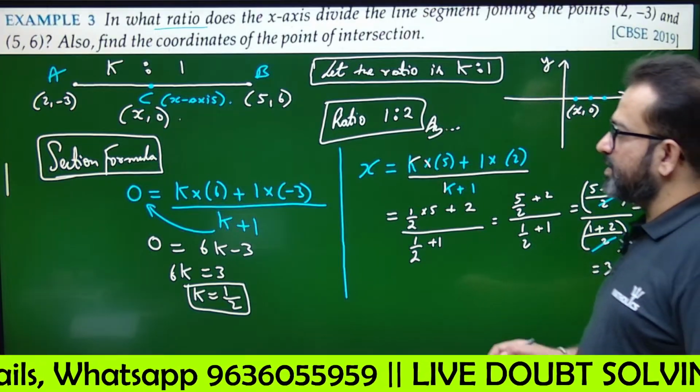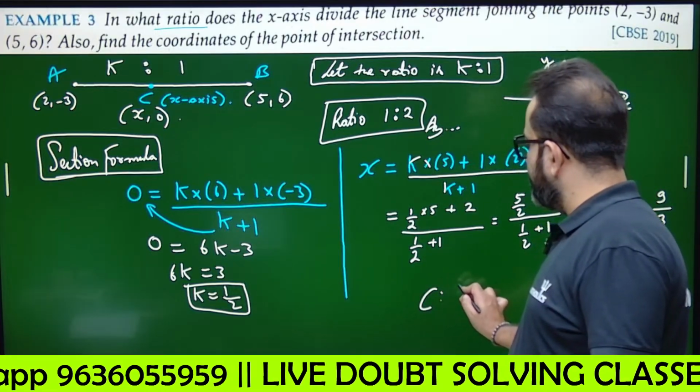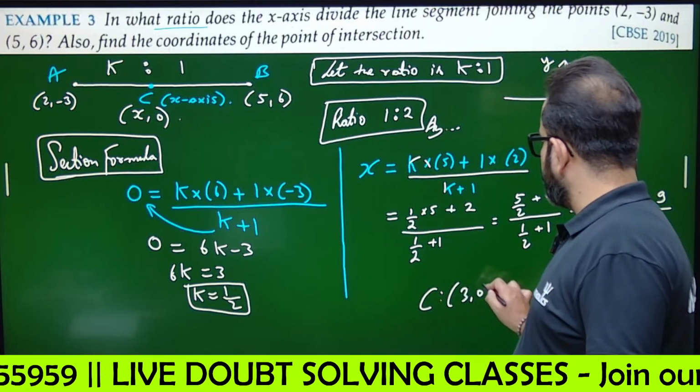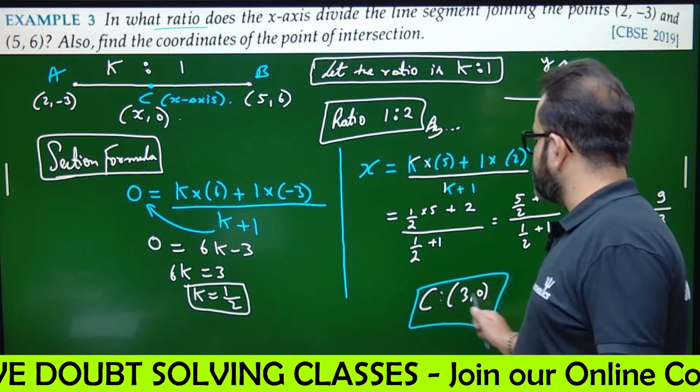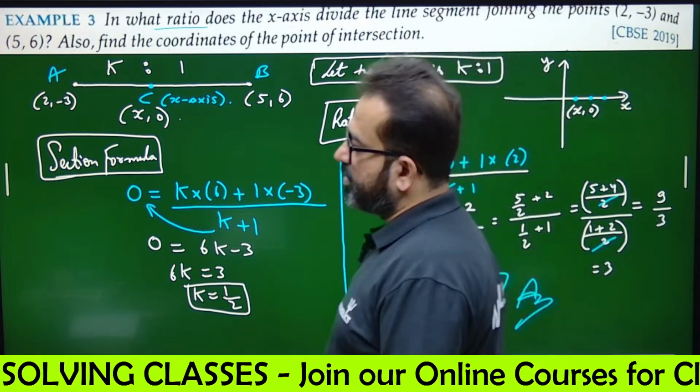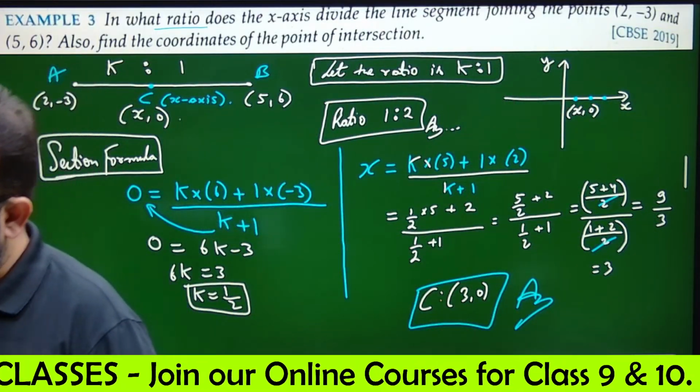So x equals 3. That means the coordinates of point C will be x comma 0, meaning 3 comma 0 is my answer. Copy this. I guess you must have understood, every one of you. Sorted?